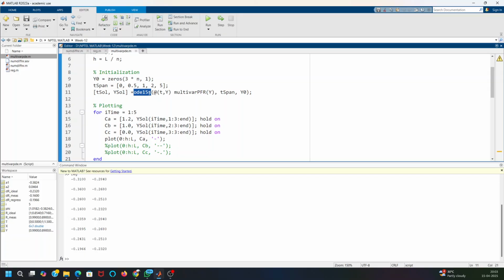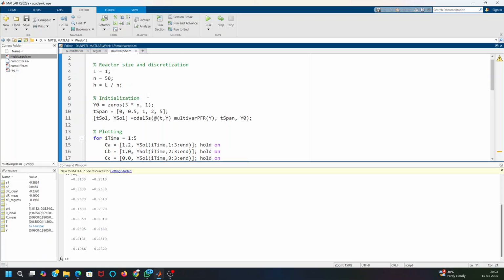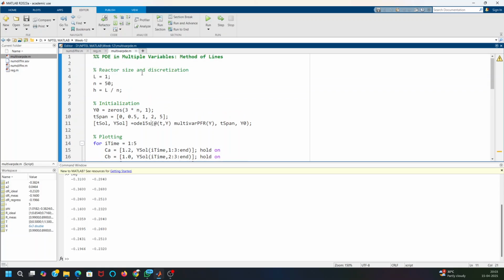We can also use ode45, but maybe because the problem is stiff here, I don't know, this is a chemistry problem, so maybe this is a stiff problem. That's why we are using ode15s to solve all these ordinary differential equations. You will have 3n ordinary differential equations, and you have to give 3n initial conditions.